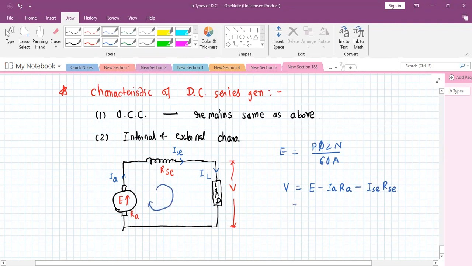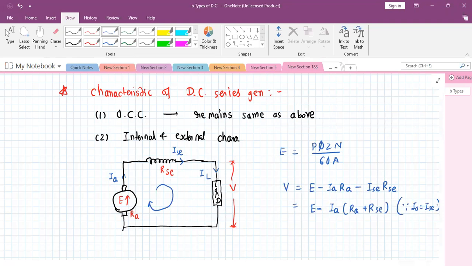But here we can write V is equal to E minus IA in the bracket RA plus RSC. Why? Because IA is equal to ISC. So now try to work out the external and internal characteristics.